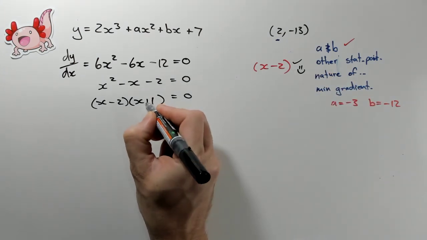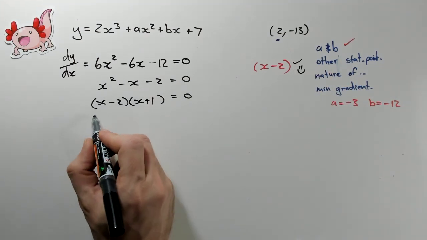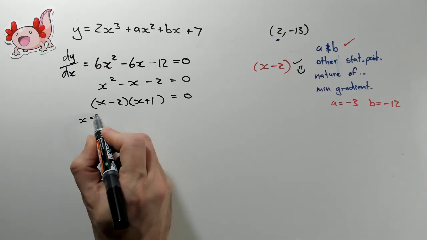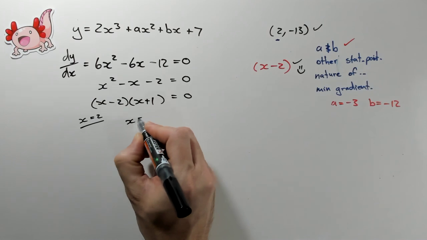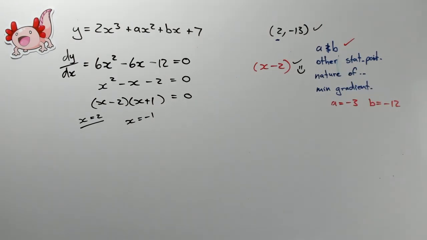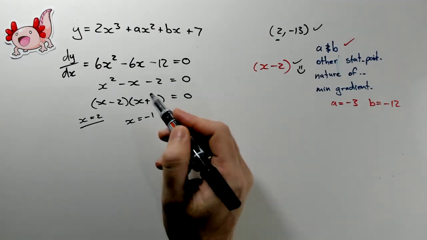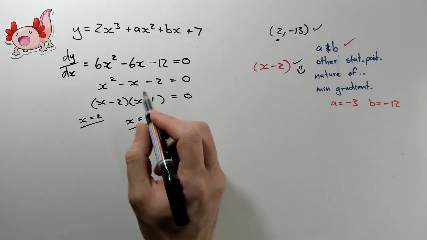So basically our critical points or our stationary points here would be x is equal to 2, but we already know this one, and x is equal to -1. They're asking for the stationary point, and they say the coordinates. So I know the x value is -1, and now I just have to put it in there.